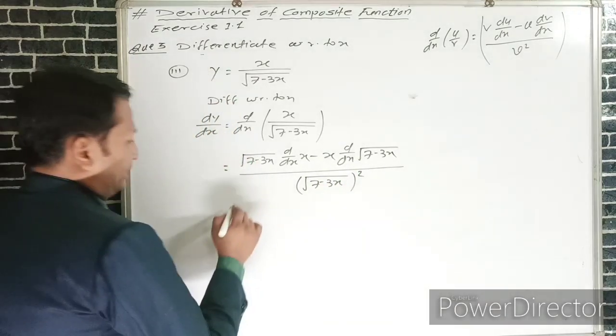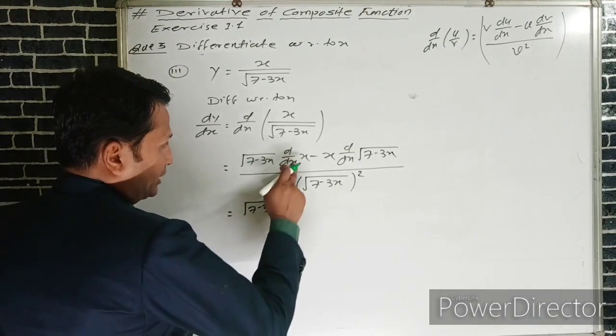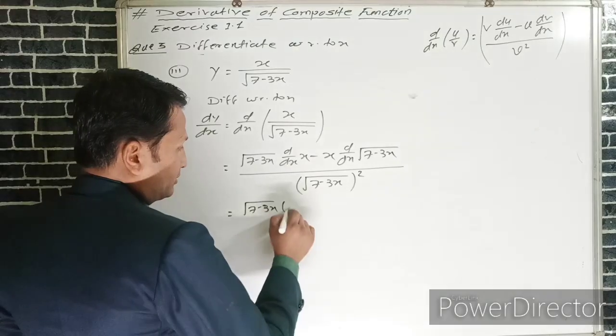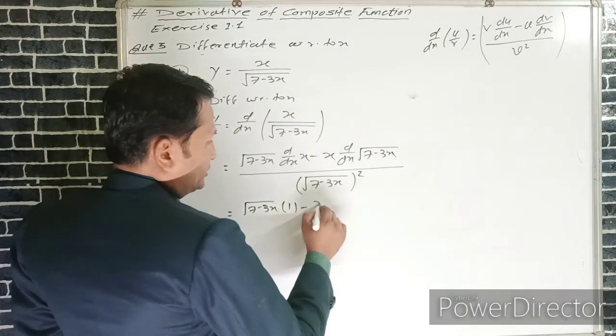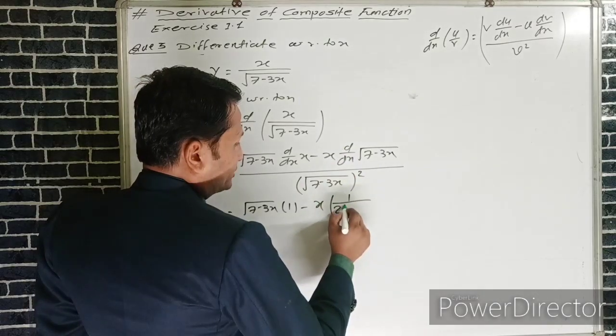After that we can write it under root of 7 minus 3x into derivative of x is 1, minus x into derivative of under root x is 1 upon 2 root x.